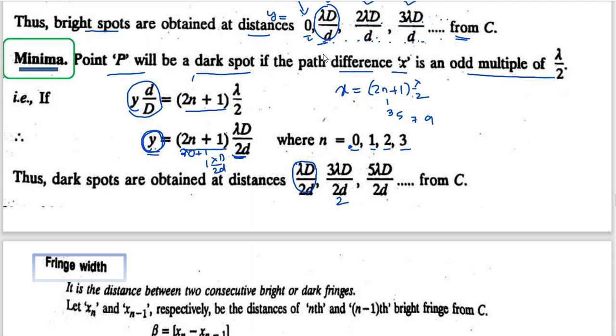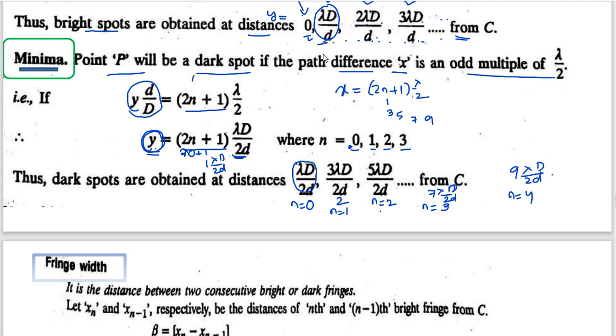This is the second, if we put n equal to 1. If we put n equal to 2, we get this. If we put n equal to 3, we get 7 lambda into capital D by 2d. If we put n equal to 4, we get 9 into lambda capital D by 2d.